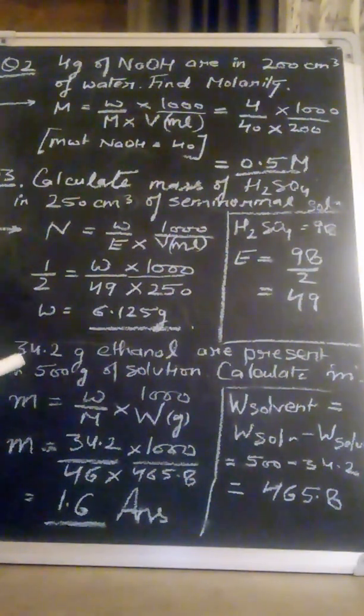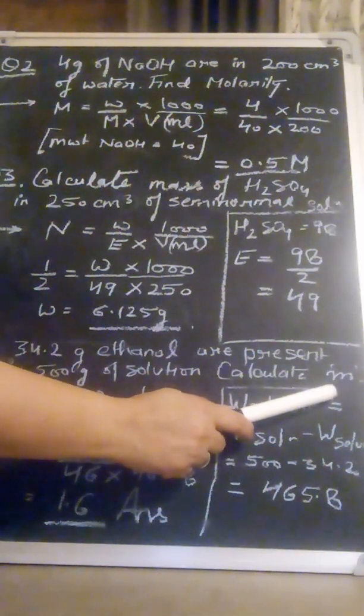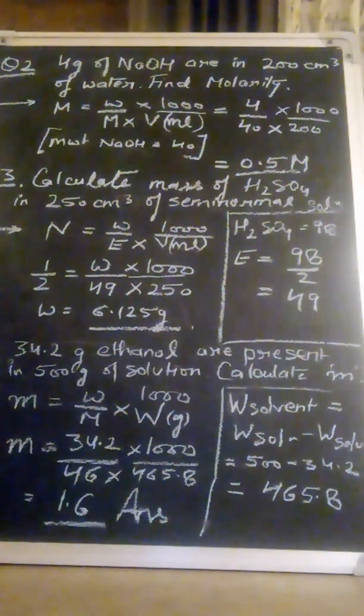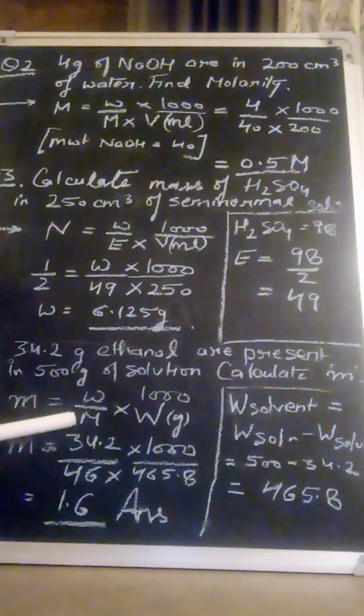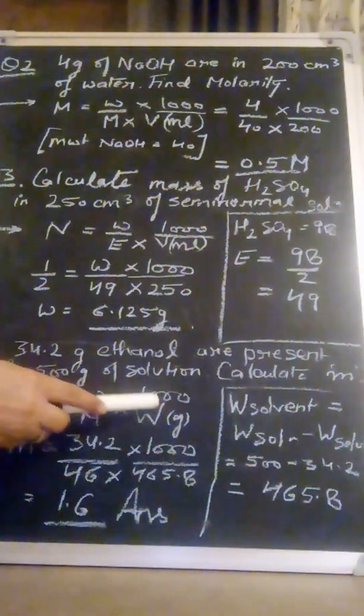And how much is the weight of the solution? 500 gram. Calculate molality. You know that molality is written as small m. Now what is the formula of molality? Molality is weight upon molecular weight into the weight of the solvent. This capital W is the weight of the solvent, children, and 1000 here.